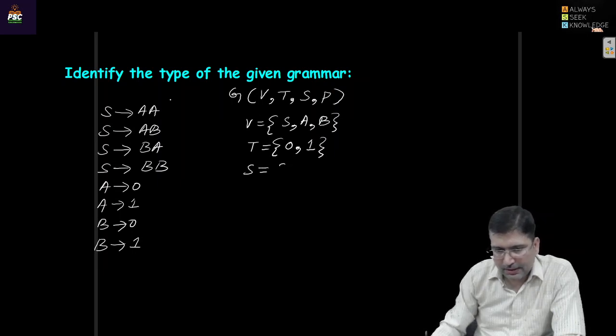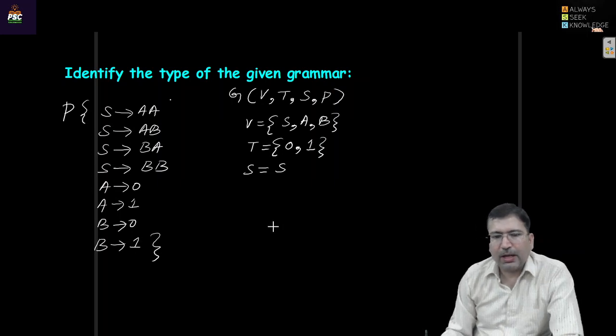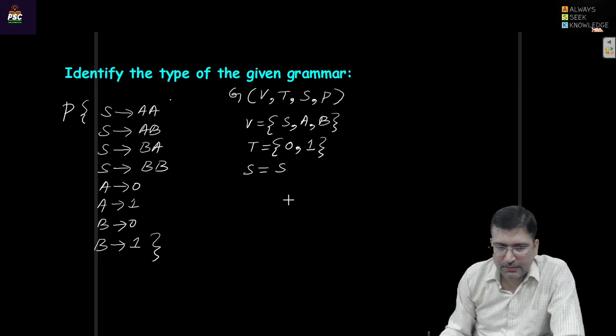The starting symbol is S, there is only a single starting symbol, and the production rules are given, this many. So this is P. By having all these four tuples, this grammar has been defined.